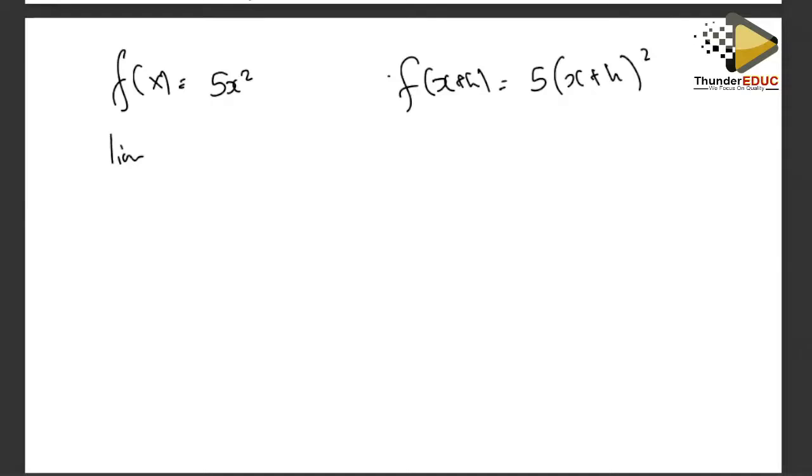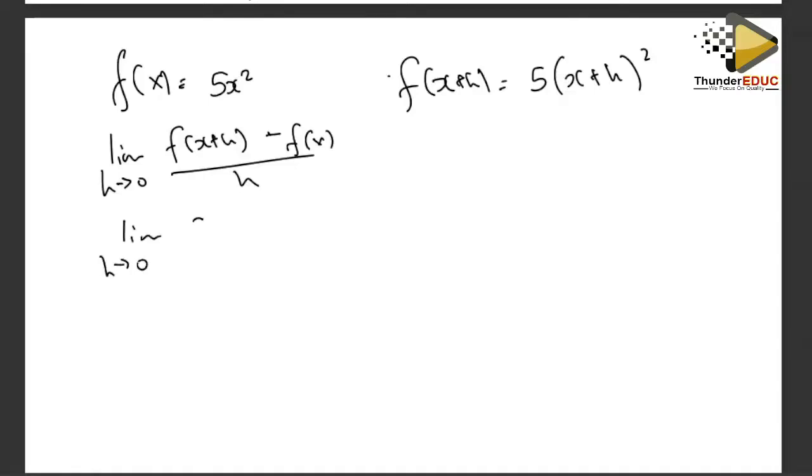Then we know that the limit as h tends to 0 of f of x plus h minus f of x, divided by h. We do the substitutions. So the limit as h tends to 0 of 5 into x plus h squared minus our f of x, which is just 5x squared, over h.